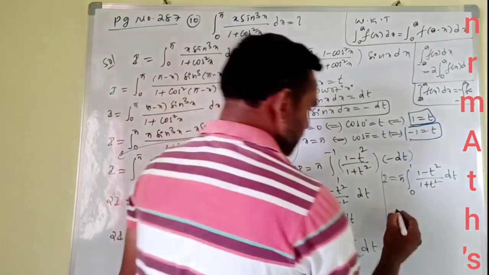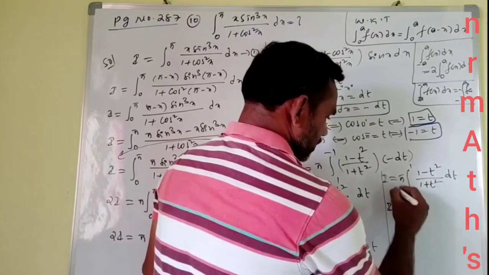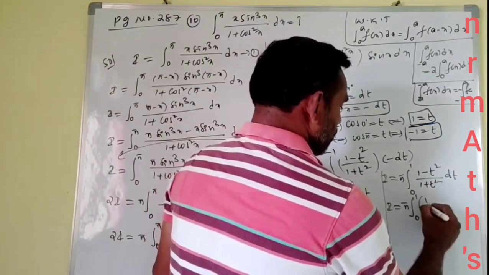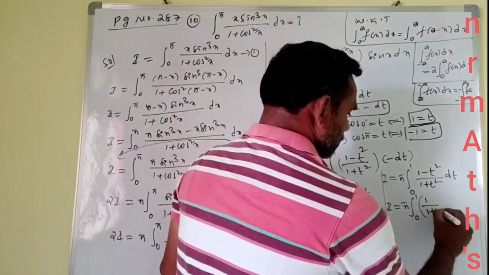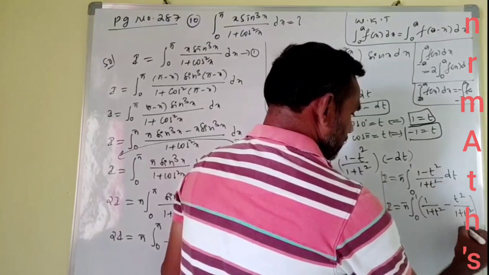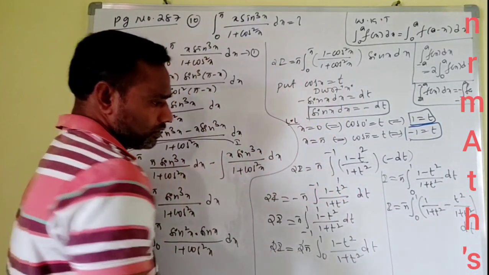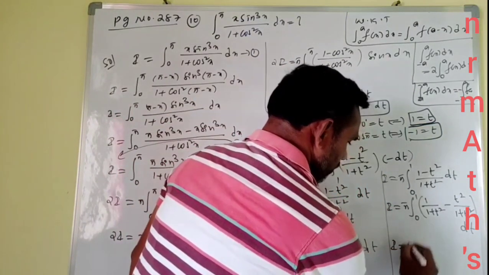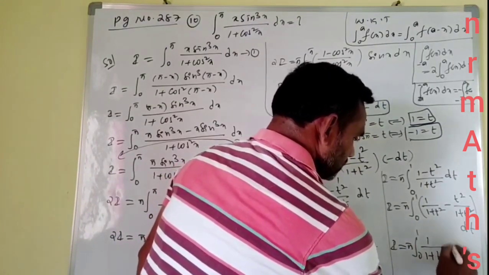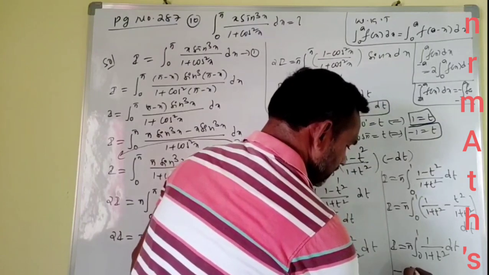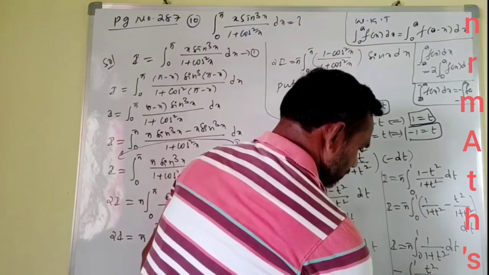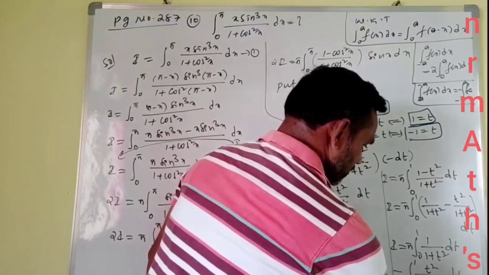Now write the answer: 2I is equal to pi times the integral from 0 to 1 of 1 by 1 plus t square minus t square by 1 plus t square dt. Split there. Now I is equal to pi times the integral from 0 to 1 of 1 by 1 plus t square dt minus the integral from 0 to 1 of t square by 1 plus t square dt.